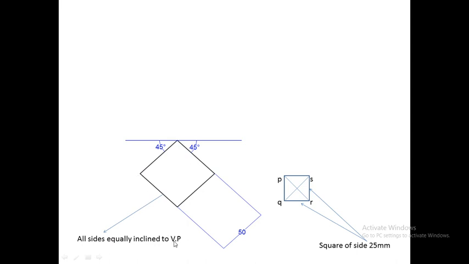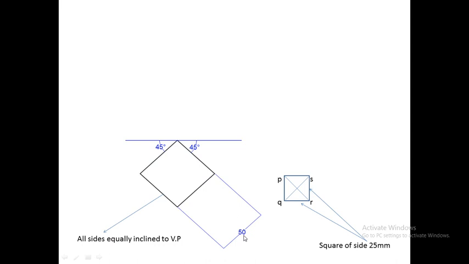Now all sides equally inclined to VP means you have to draw these edges at an angle of 45 degree. So first draw a light line, mark any point here, draw two edges at angle of 45 degree and then complete the whole square with side 50 mm.